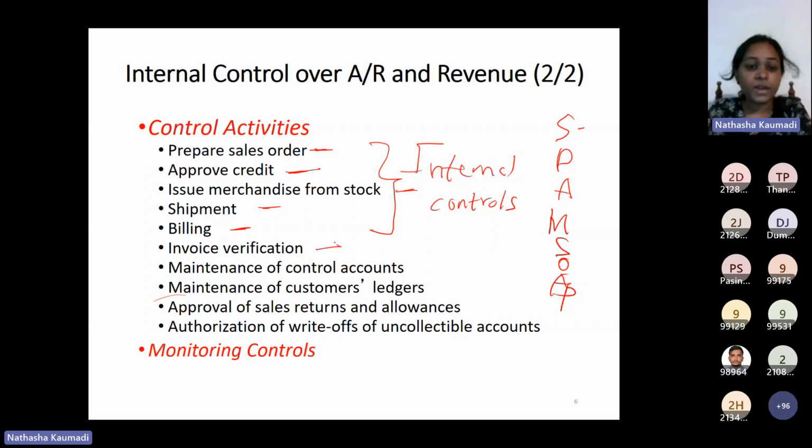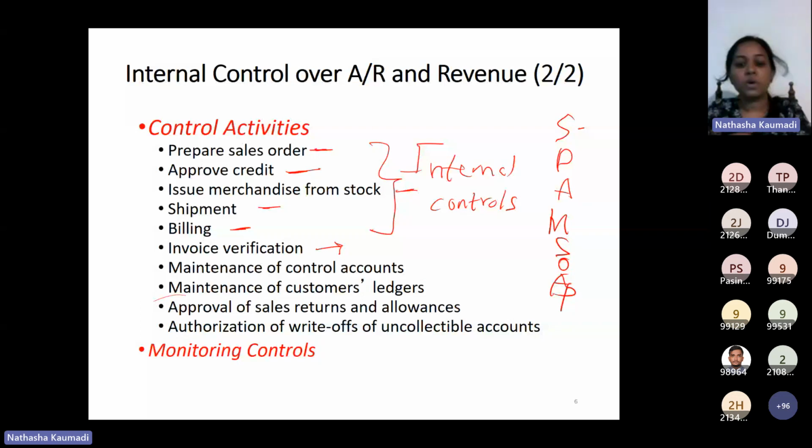And then invoice verification before entering to the system. Invoice balances, the accuracy about the values, those should be verified. And maintenance of control accounts, maintenance of customer ledgers, approval of sales returns and allowances, authorization of write-offs of uncollectible accounts.